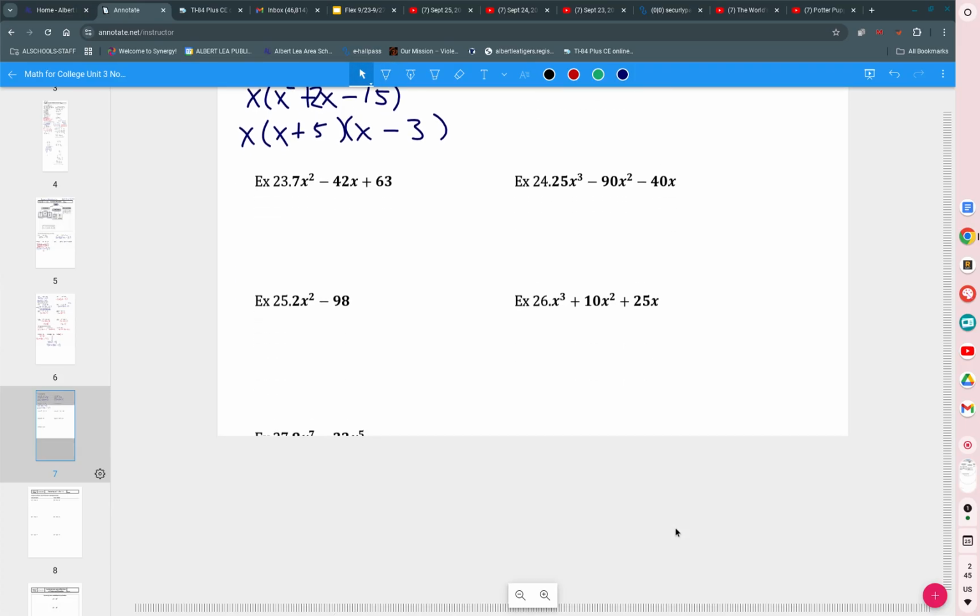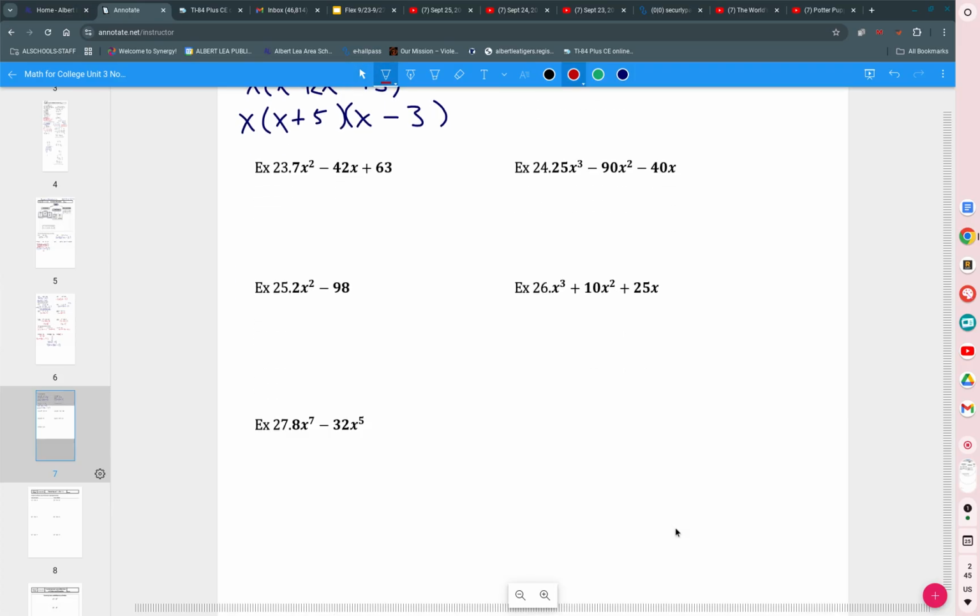We're only going to do 2 more here. I want to look at number 24, and I want to look at number 27. What's the common factor for 24? Five. 5x.